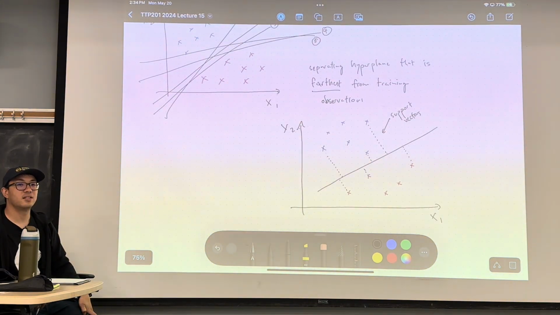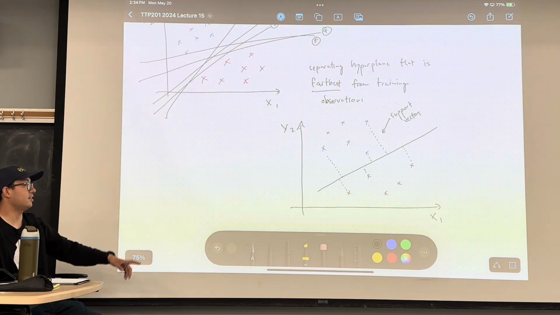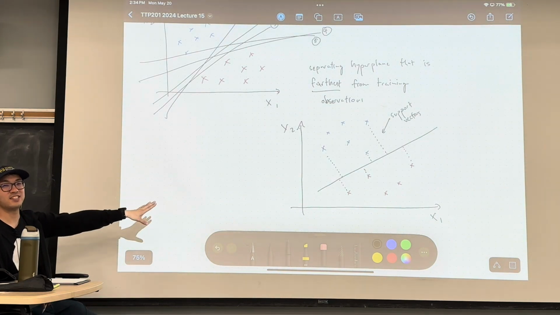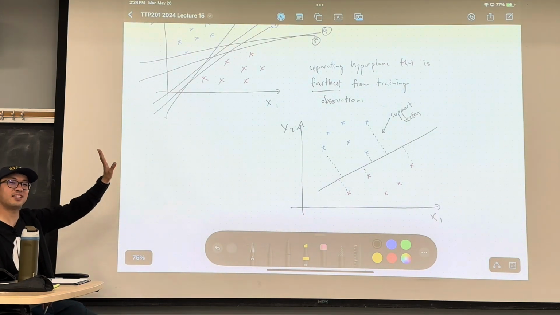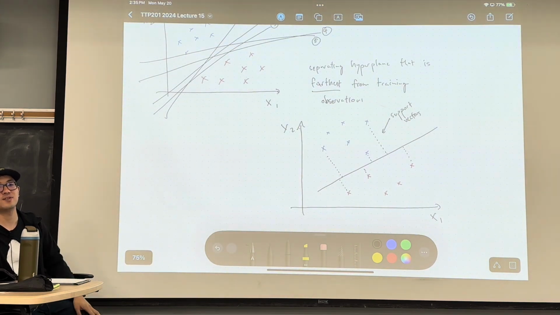Could you go outside of the 2 dimensions? It has to be on the plot. The hyperplane can't disappear from the plot. It has to be defined by x1 and x2.